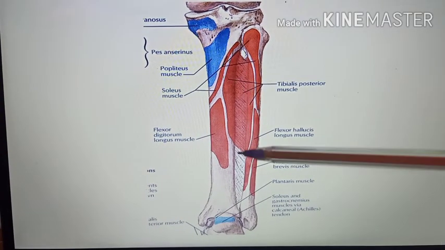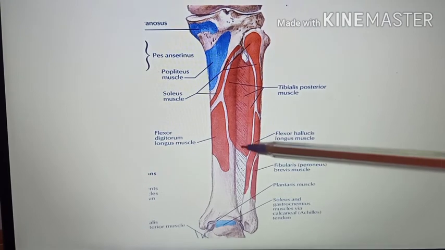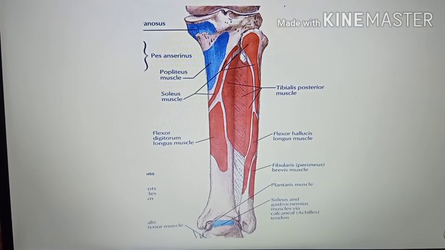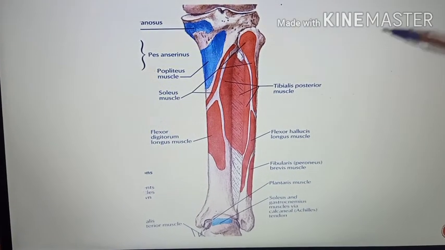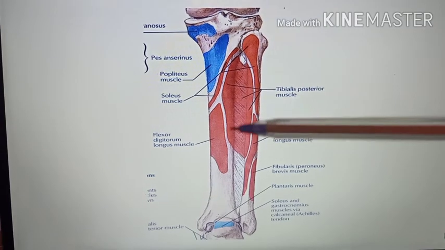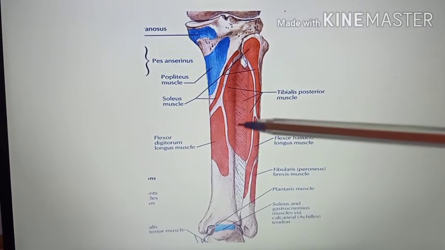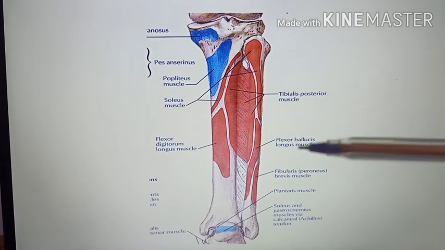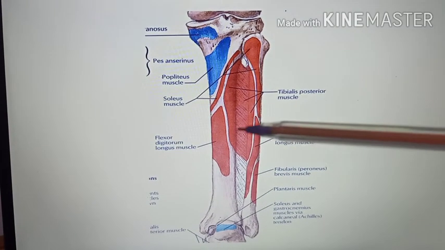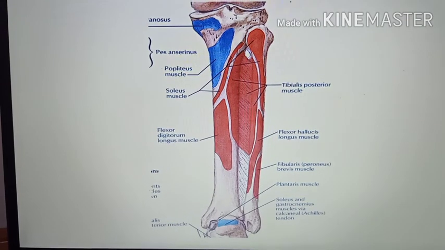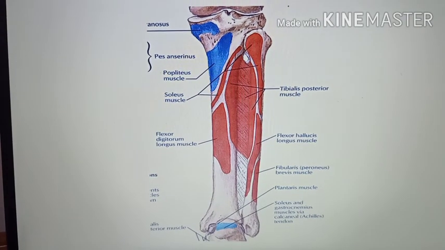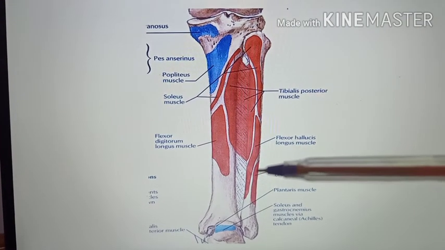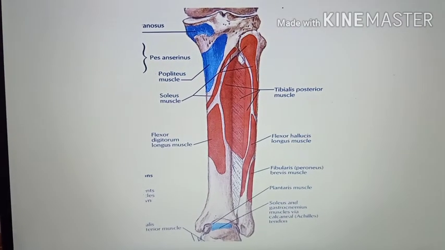Now coming to the functions of this interosseous membrane. First, it provides additional surface for the attachment of the muscles. You can see the muscles are attached to this interosseous membrane. Then it binds the tibia and the fibula. Thirdly, it resists downward movement of the fibula by the powerful fibular muscles.